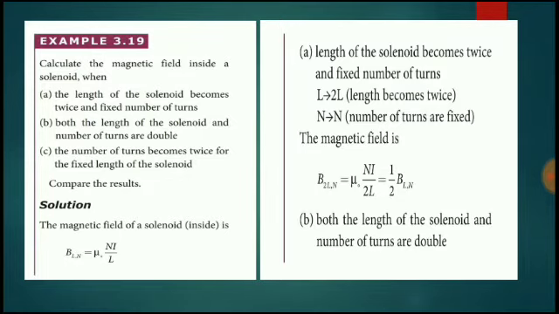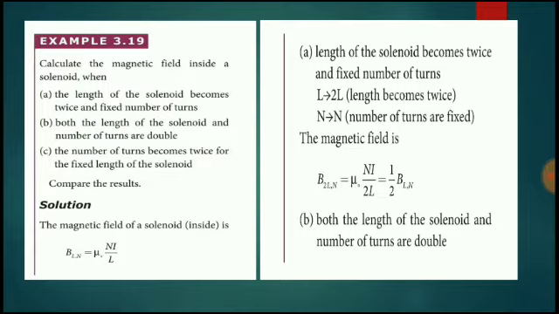So, the solution. For the first one, the magnetic field inside the solenoid is B equal to mu naught N I divided by L, where N is the number of turns, I is the current, and L is the length of the solenoid.